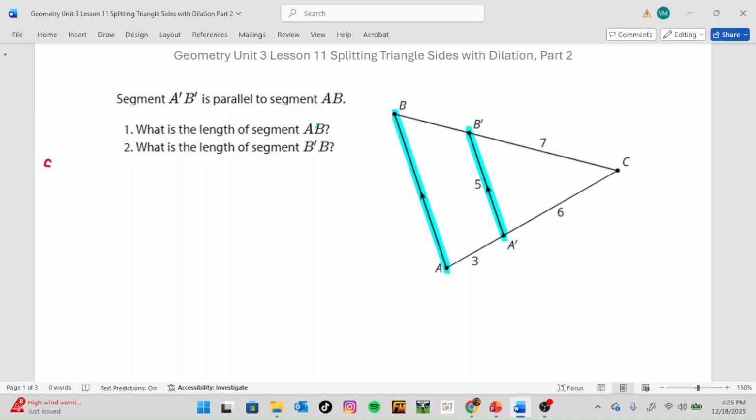So first thing I need to do is figure out, what is that scaling factor? In order to find that scaling factor, I'm going to take the new length and divide it by the old length.